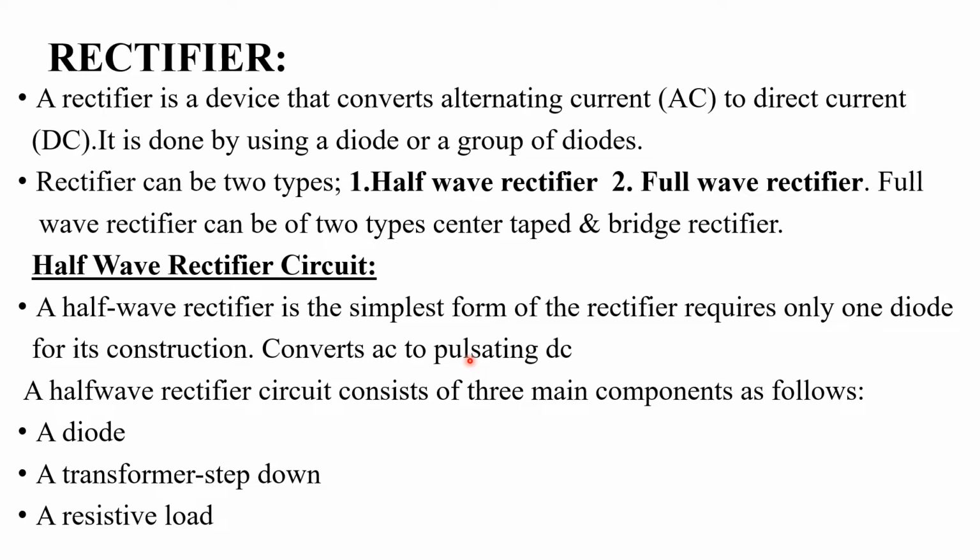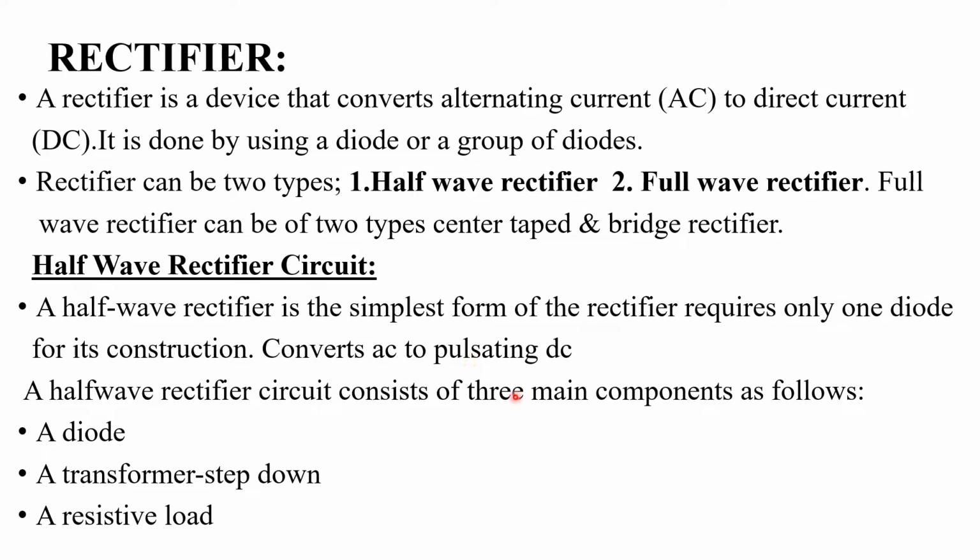If we use a group of diodes for this rectification, then such rectifiers are known as full wave rectifiers. So these are the two main categories of rectifiers: half-wave rectifiers and full wave rectifiers. Full wave rectifiers can be classified again into two types: center tapped rectifiers and bridge rectifiers.